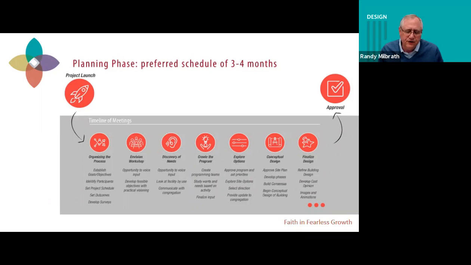We need to figure out a communication process so that the entire faith community knows what's going on and give them opportunity for input. So we typically go through these steps of getting immersed in your faith community, figuring out what we call discovery of needs, all of the nitty gritty, how many rooms for Sunday school, why, and what's the amount of children that might be in there.